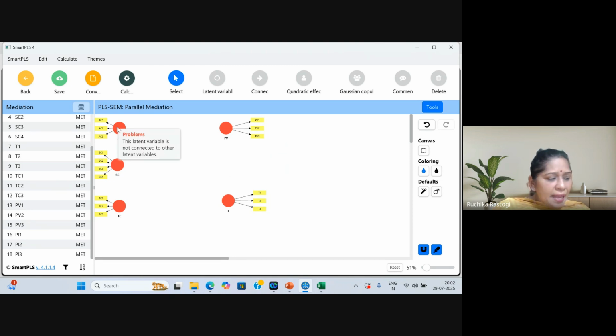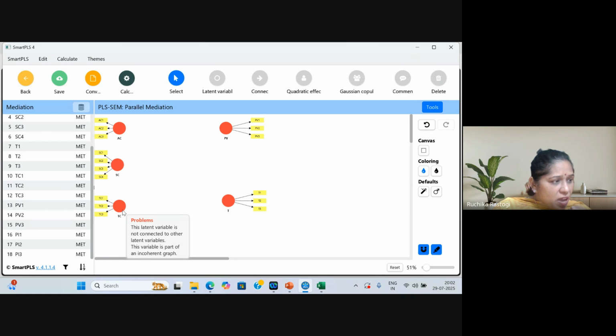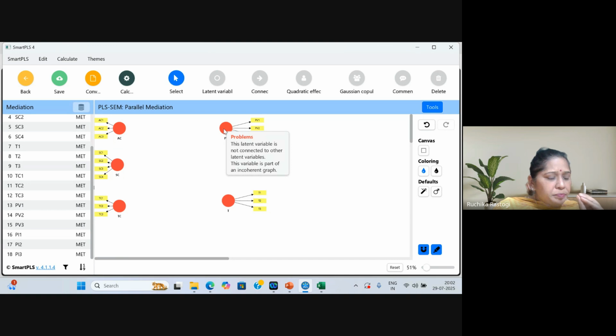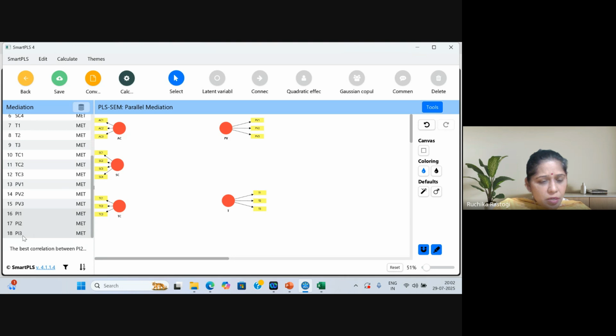AC is access convenience. SC is search convenience. TC is transaction convenience. PV is your perception value. T is trust. And PI is purchase intention.